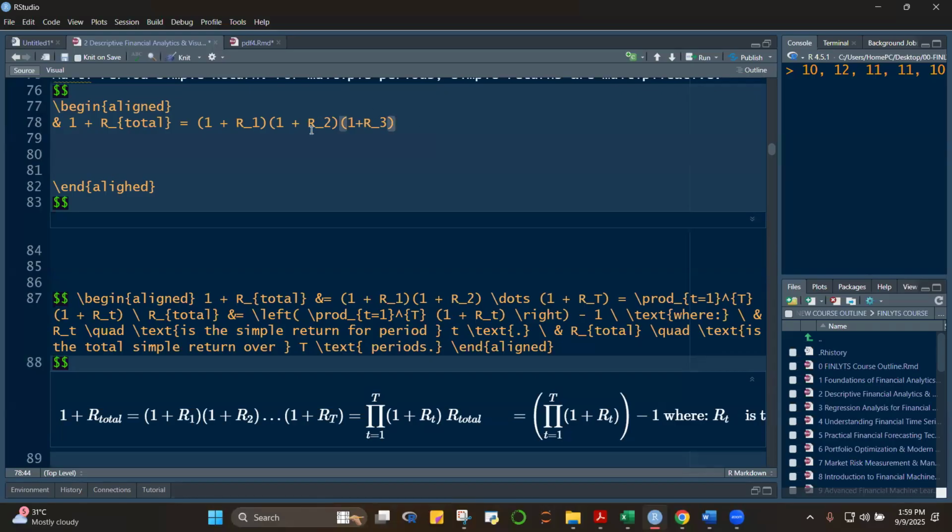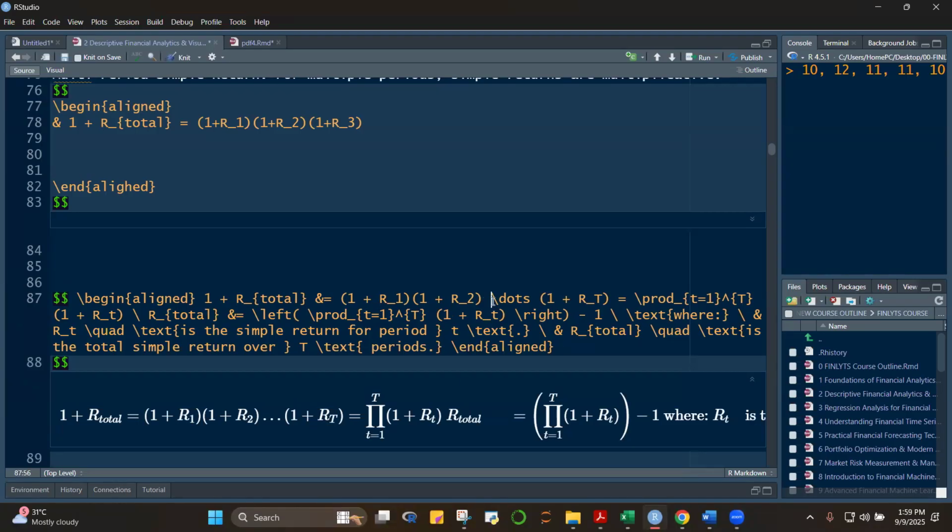The spacing will not matter, class, even if you put a spacing there or not. Let me just delete the spacing so that it will save on space. And then how do we do the dots, class, until 1 plus r sub t?